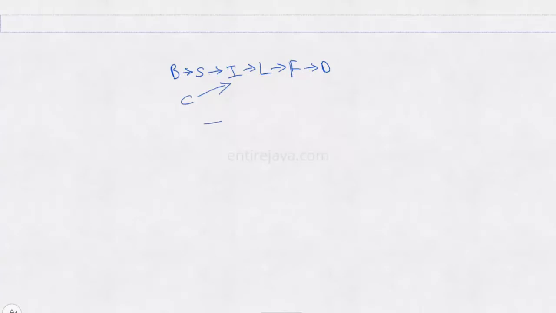So if you go from left to right, we are converting the value of a lower range data type to a data type of higher range. This is called widening. For example, you could convert byte to short, you could convert byte to long, you can convert char to float.